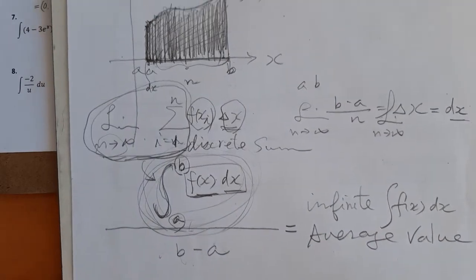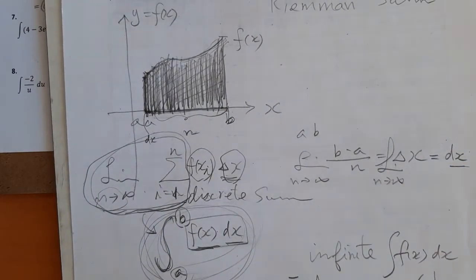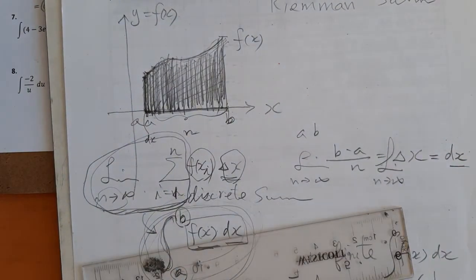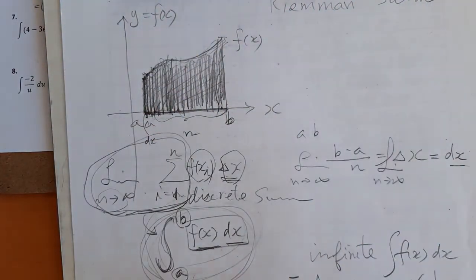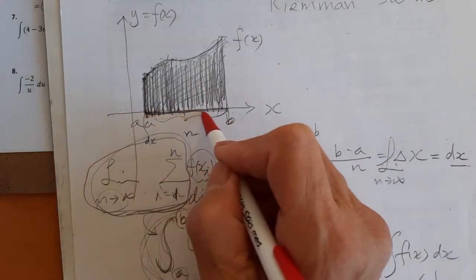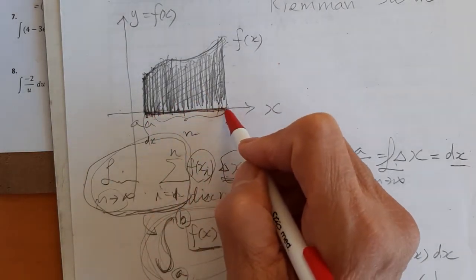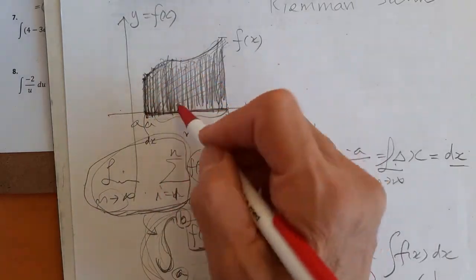What is the average value? That means for every x, they have the same height. And this average value times b minus a, times this base, is going to equal the total area.